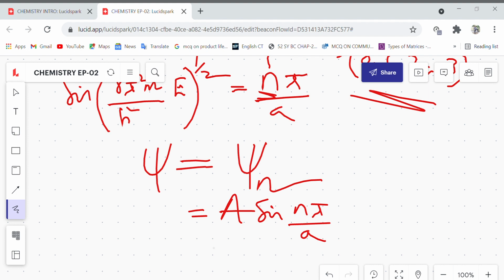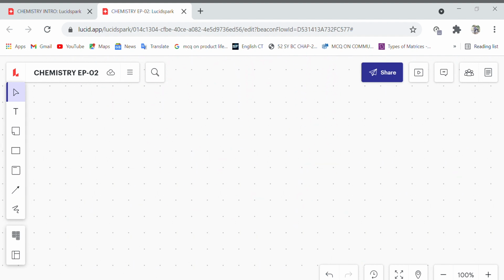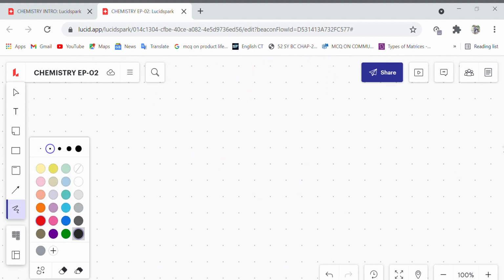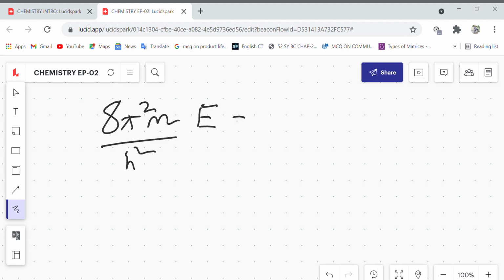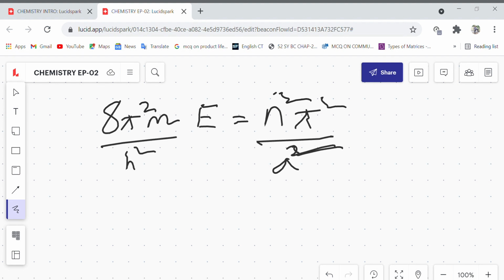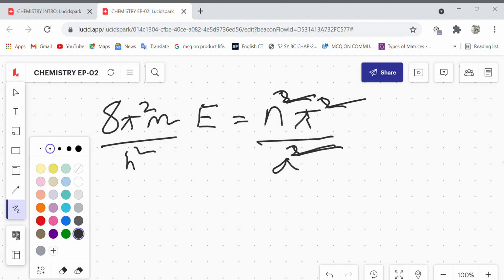On comparing both the equations, we get 8 pi square m by h square E is equal to n square pi square by a square. Understood? This is square, it's not being written properly. It's actually square.